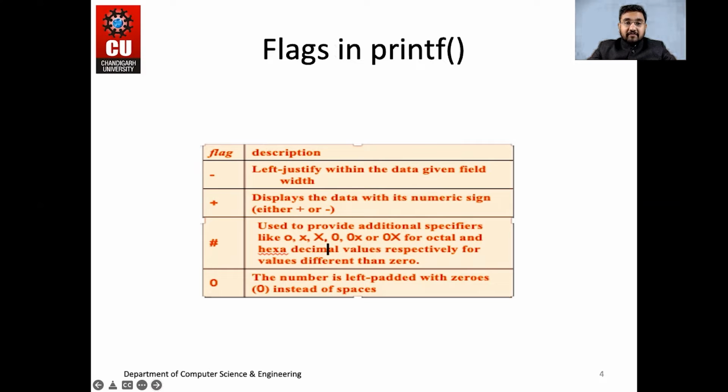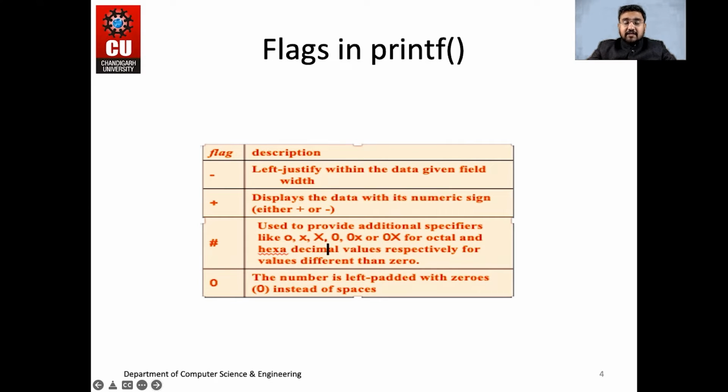Apart from that, we have another flag, which is hash. This is used to convert the decimal into octal or hexadecimal format. Let's suppose we want to display hexadecimal memory addresses.